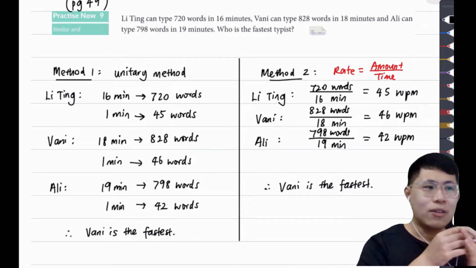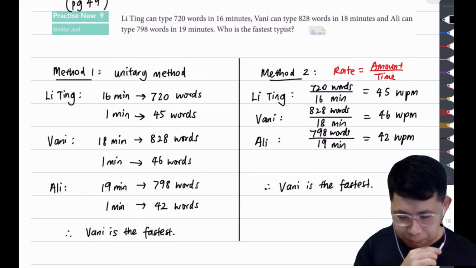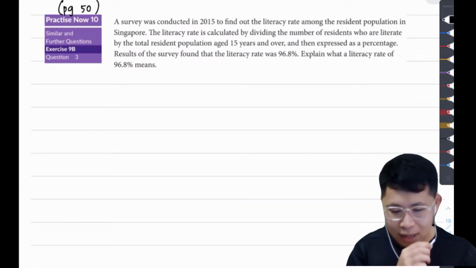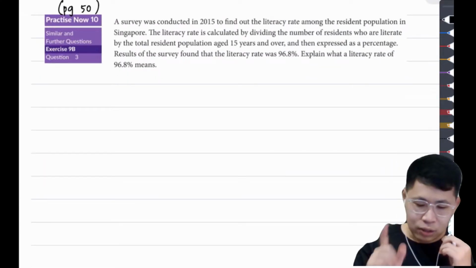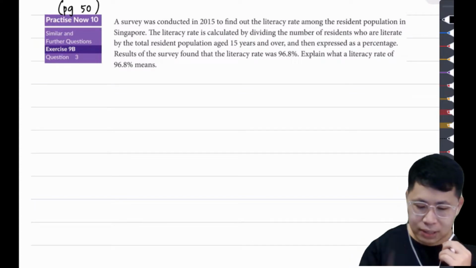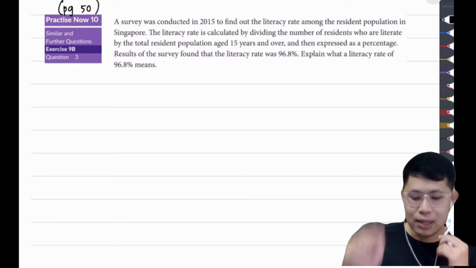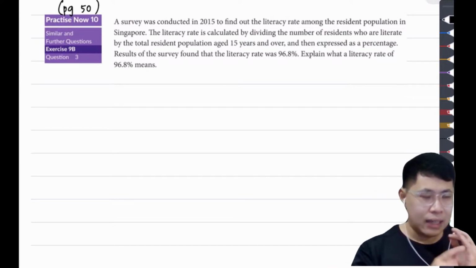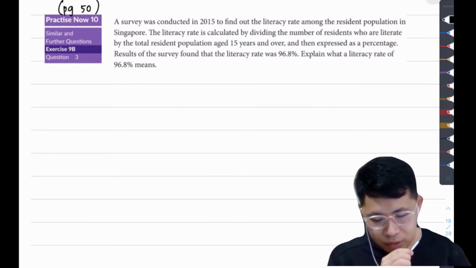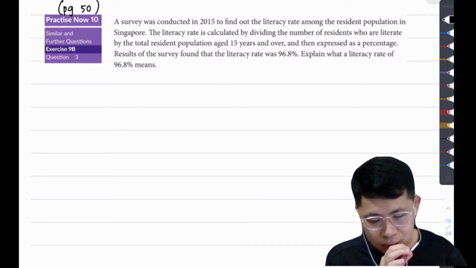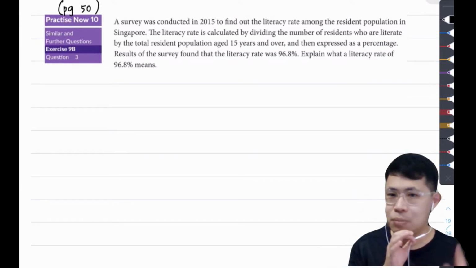Okay, so let's take a look at practice now 10. So we have a survey conducted in 2015 to find out the literacy rate among the resident population in Singapore. So the literacy rate is calculated by dividing the number of residents who are literate by the total resident population aged 15 years and older, and then expressed as a percentage.